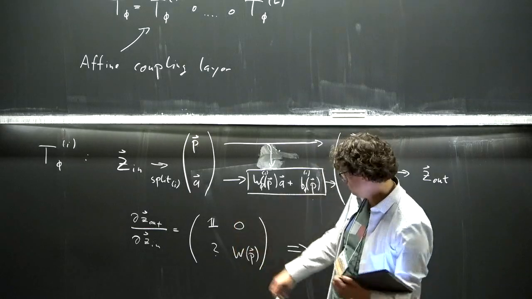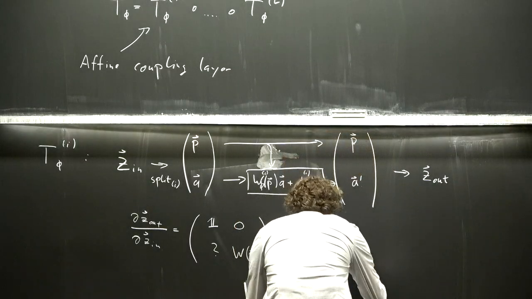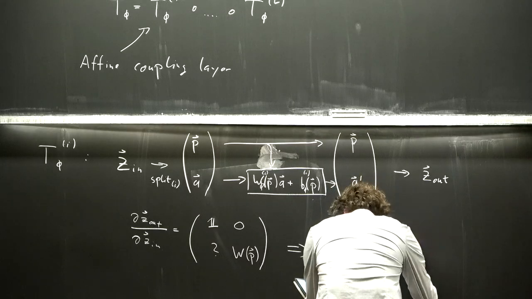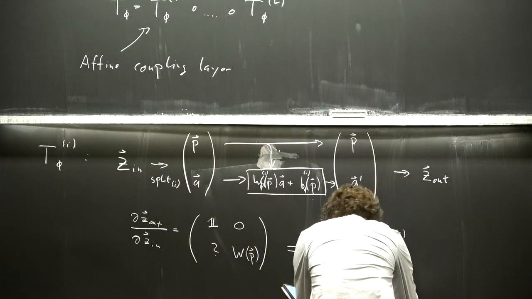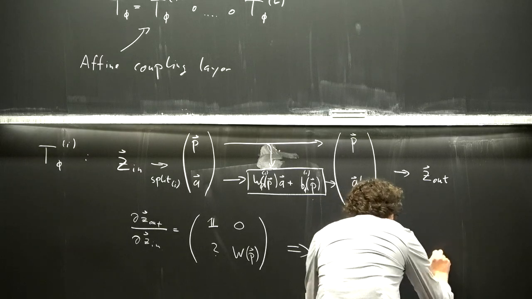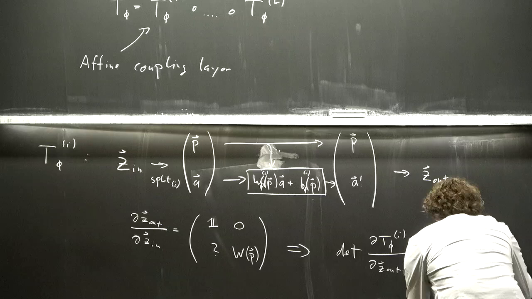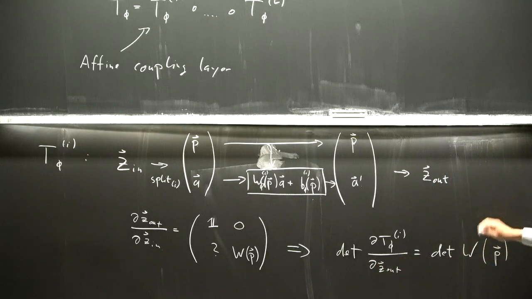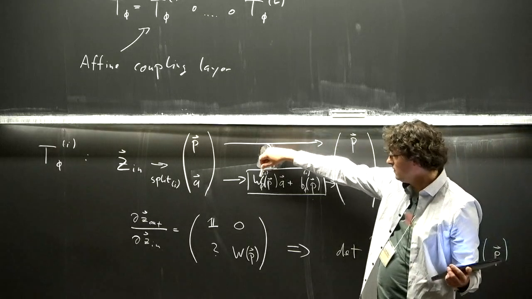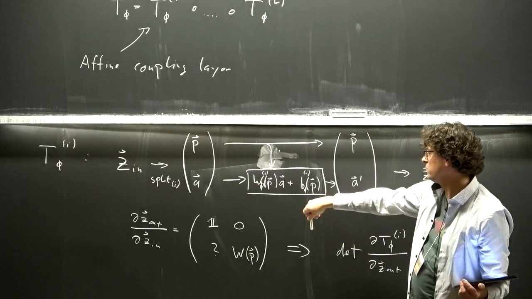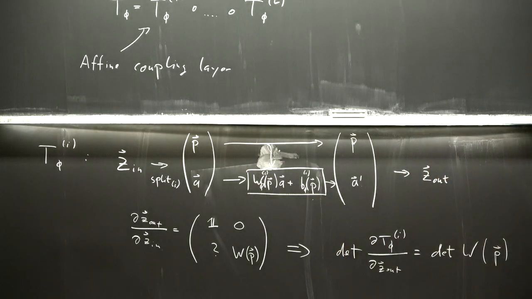So we only need the determinant of W. So the entire determinant of the transformation becomes just the determinant of this matrix here. And depending on how one sets things up, that's very solvable. And so in the simplest cases, one would keep this as a diagonal matrix. And then all this is very simple to evaluate.